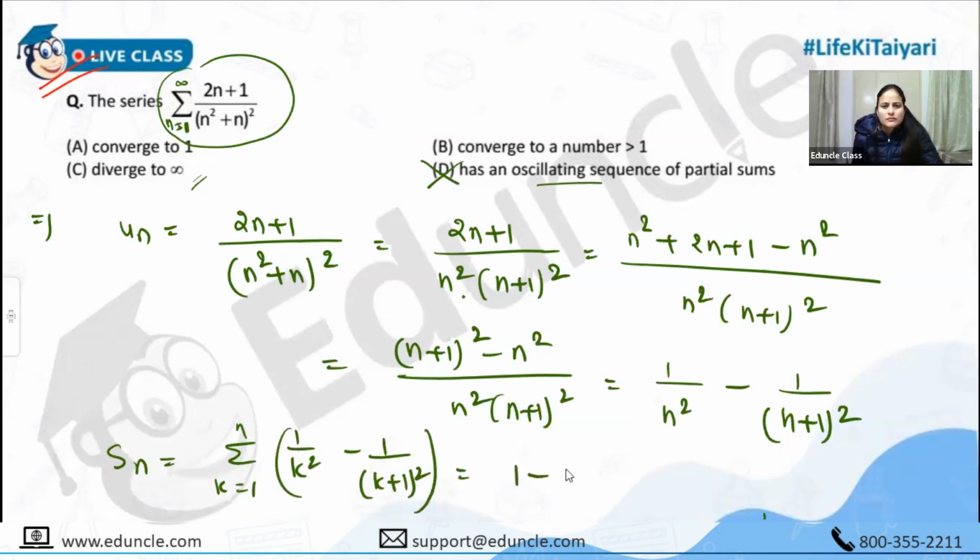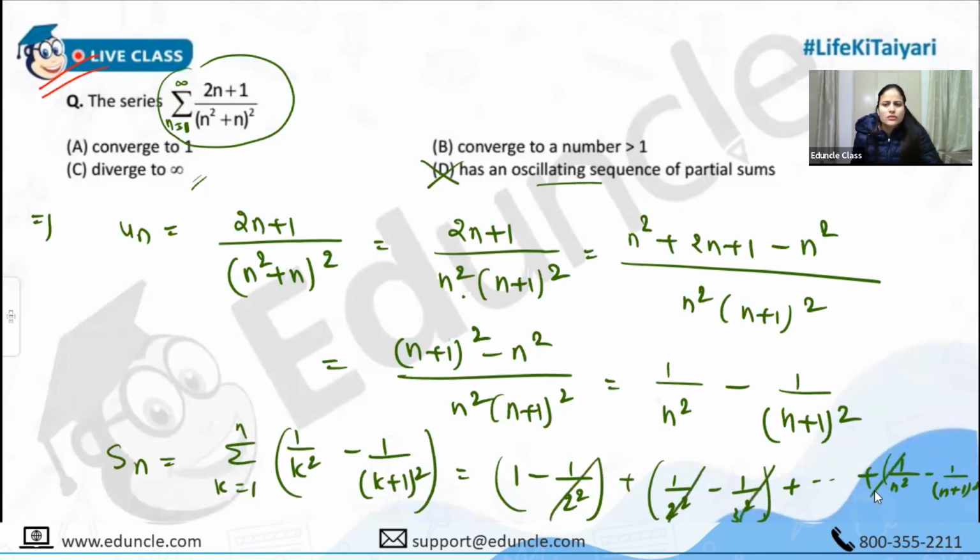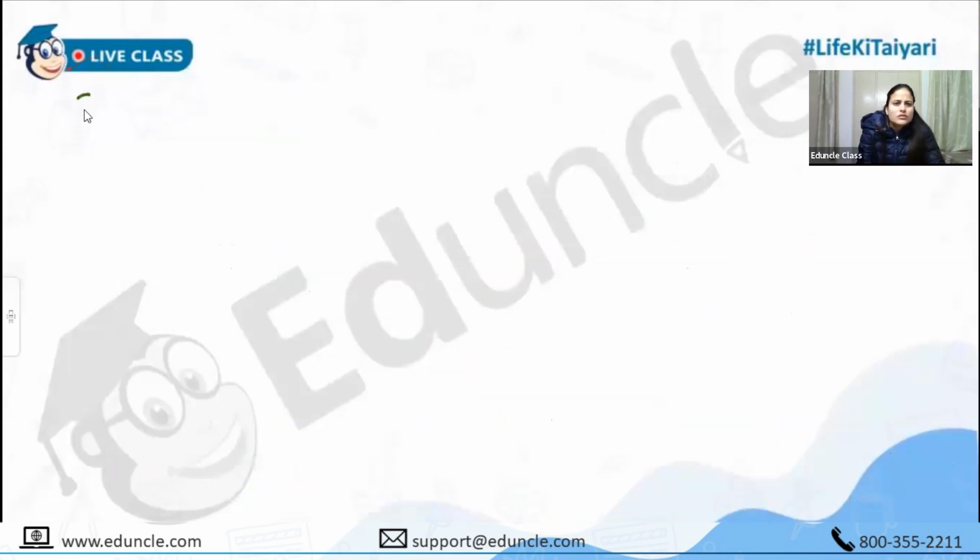I'll have 1 minus 1 upon 2 square, plus 1 upon 2 square minus 1 upon 3 square, and keep going like that, plus 1 upon n square minus 1 upon (n plus 1) whole square. The terms will cancel out because we have consecutive differences. So ultimately Sn is nothing but 1 minus 1 upon (n plus 1) whole square.